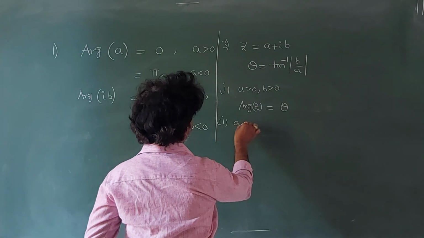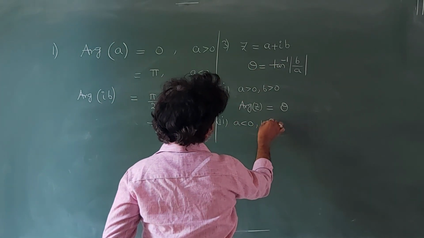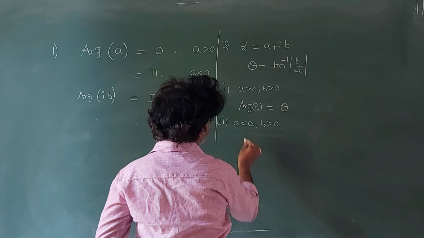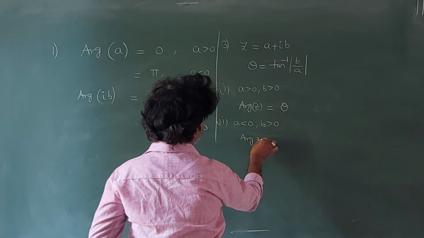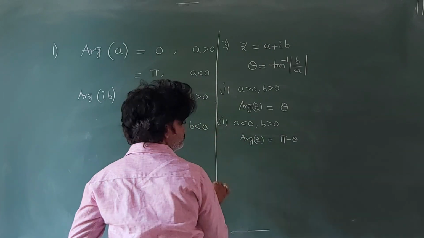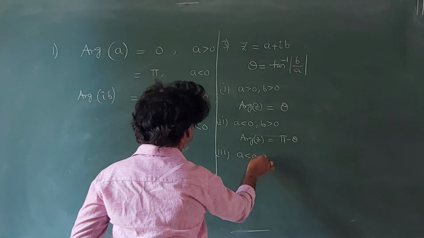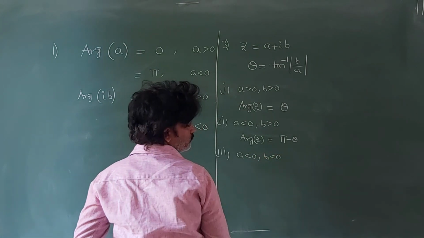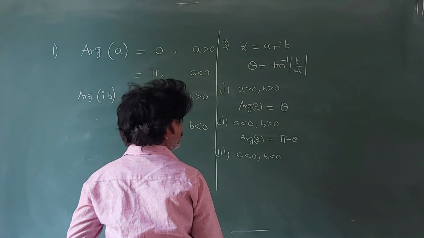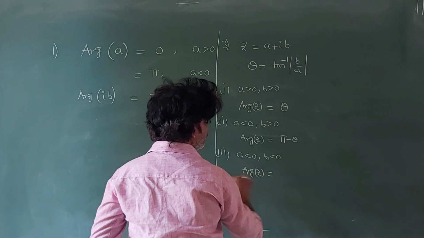How to identify? a is negative, the real part is negative, and the imaginary part is positive. In that case, the argument of the complex number is pi minus theta.